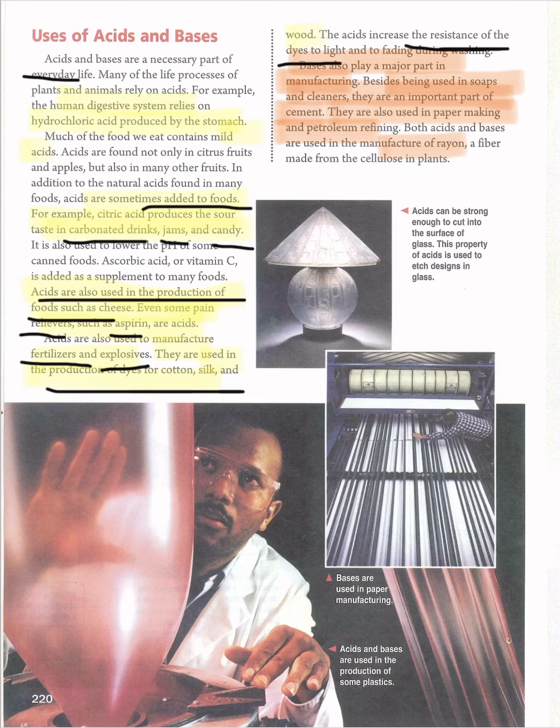Of dyes to light. It means our clothes contain acids. These acids increase the resistance of dyes to light. It means they don't let the colors of our clothes be removed by washing. Okay, and those are the uses of acids.